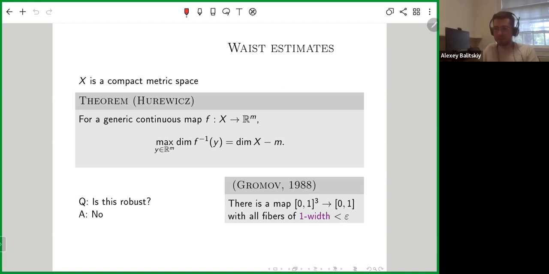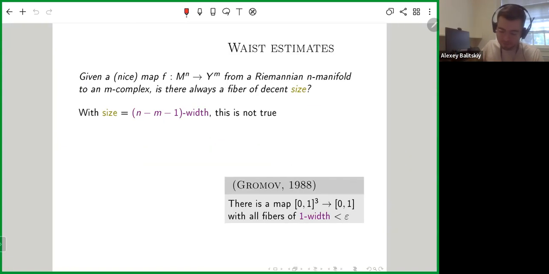Gromov came up with a fairly simple example, which I'll show you in a couple of slides, which basically tells you that you can start with a 3-dimensional cube with the usual metric, and you can foliate it by a one-dimensional family of certain surfaces, sometimes singular, and each of those surfaces will be approximately 1 dimensional, which is kind of counterintuitive at first glance, at least. So maybe this is just the drawback of the definition of the Urysohn width. You can have different takes.